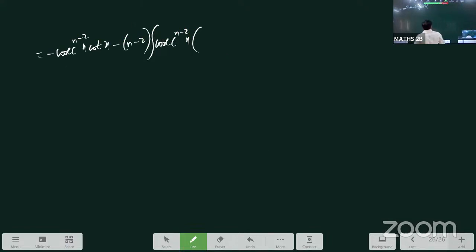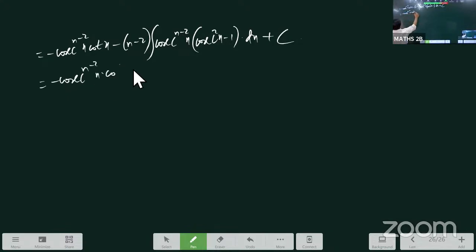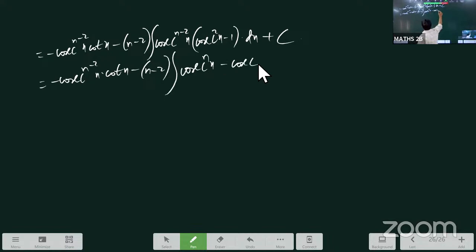This cot square x I am going to write as cosecant square x minus 1 dx plus c. That is minus cosecant power n minus 2 x cot x minus n minus 2, and bases are equal, add powers, cosecant to the power n x minus cosecant to the power n minus 2 x plus c.